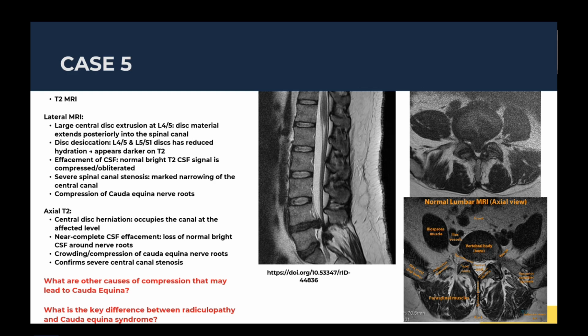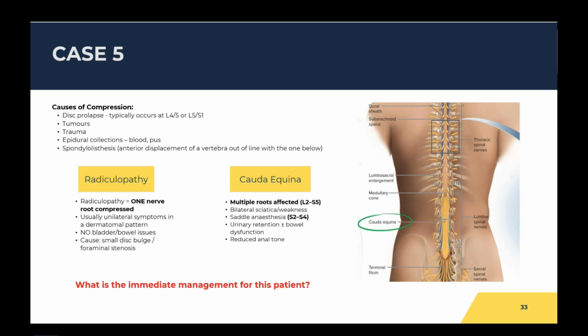So I'll just go through the answers then. The causes of compression, as with this case, disc prolapse is a key cause of compression that leads to cauda equina, particularly at the L4, L5 junction or L5, S1 junction.